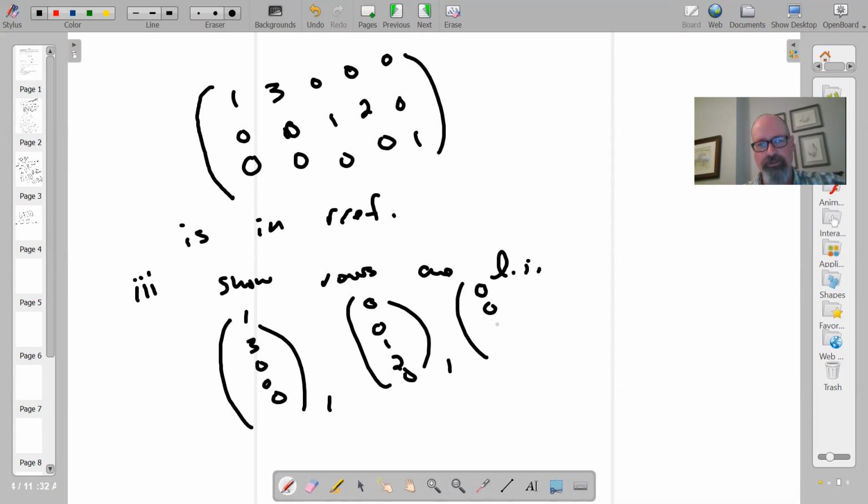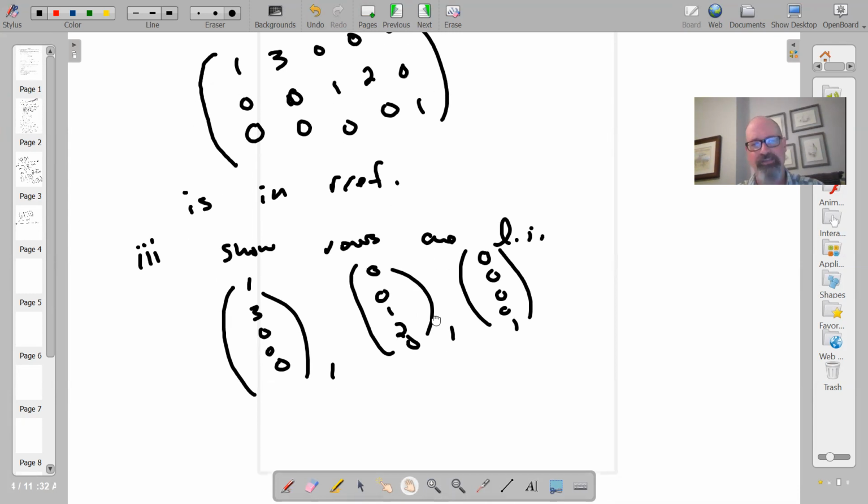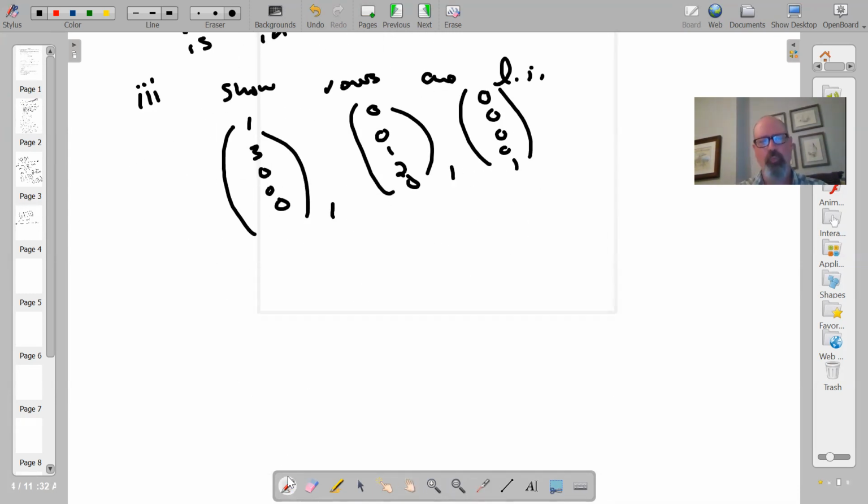From row 3, maybe you get that, right? So the matrix that I wrote down is of rank 3. It's about as big as it can be in this case. Why would these rows be linearly independent? Let's write down a dependence relation.